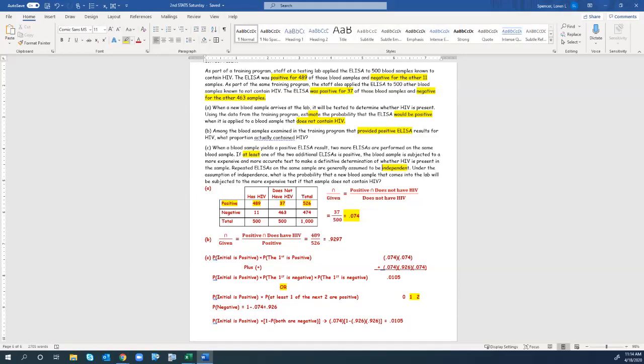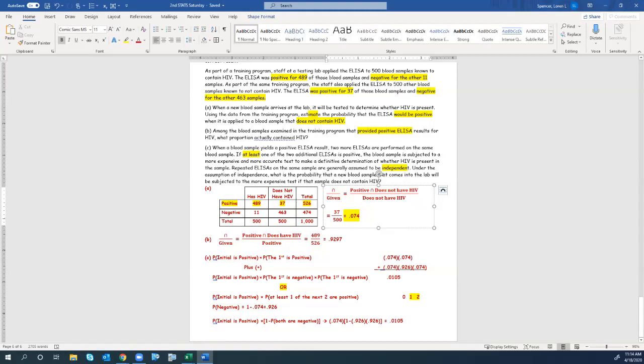So I basically need to determine, what's the probability that it shows up positive? The probability that the initial test is positive, and it didn't have HIV, we did in part A. So the probability the initial is positive is just 0.074.